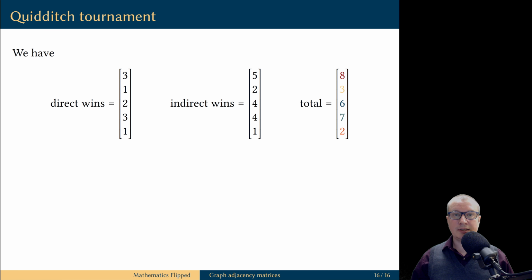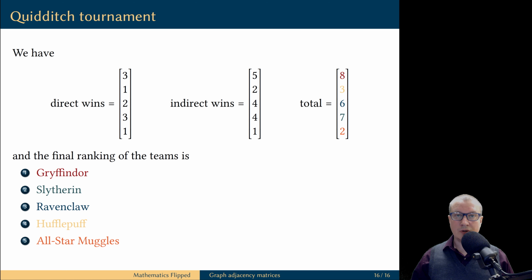And now you see that Team Gryffindor has 8 direct wins plus indirect wins, while Team Slytherin has 7 direct wins and indirect wins. So, it is our mastery of linear algebra that allows us to see through the shenanigans of Team Slytherin and prove that Team Gryffindor is the best.